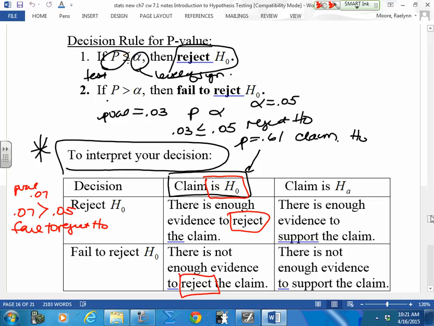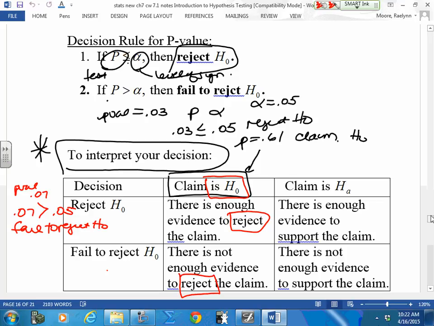Notice I didn't say they made a false statement. I say fail to reject H0. I come here to my chart, I say my claim is my H0. I failed to reject it. Here's my interpretation. There is not enough evidence to reject the claim that the proportion of students who have at least one extracurricular activity is 61%.